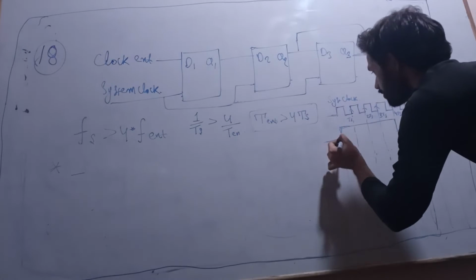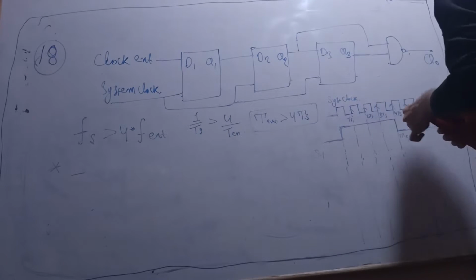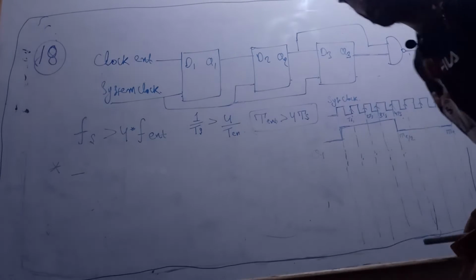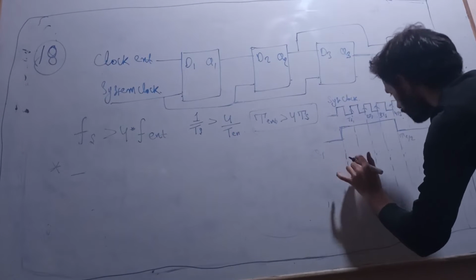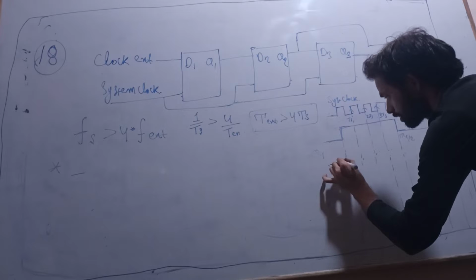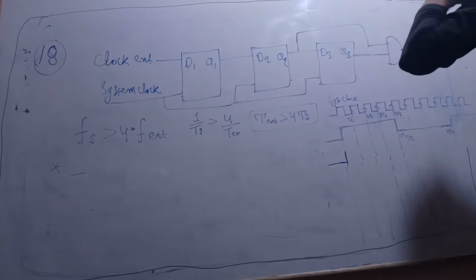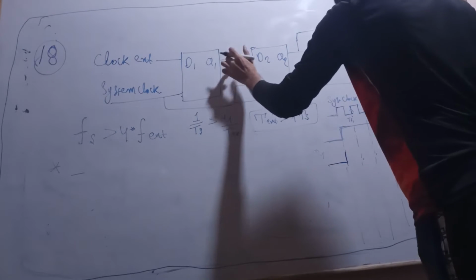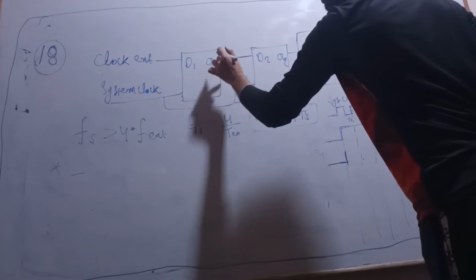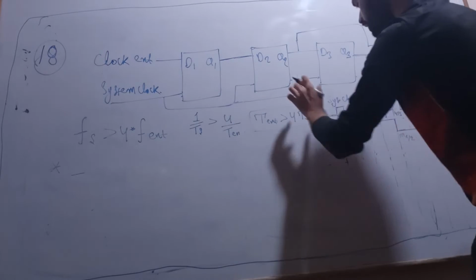Now see here for Q1, initially it is the same. For a D latch, the output gets delayed by 1 cycle.